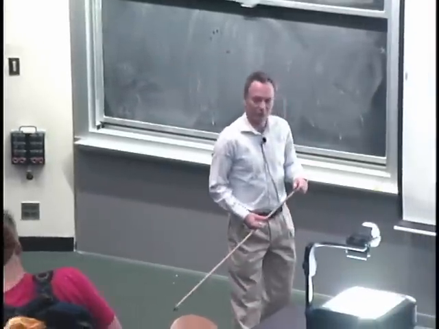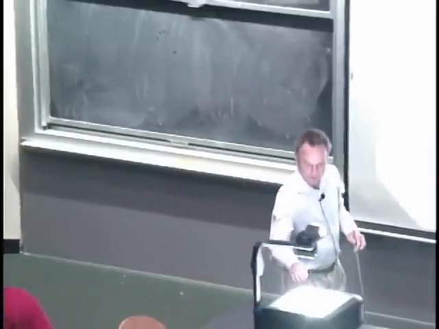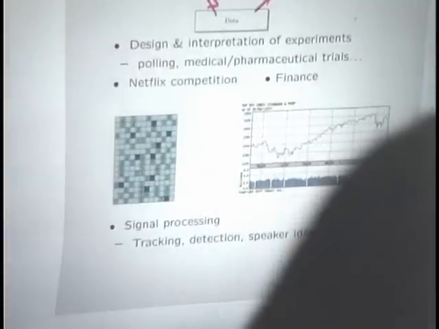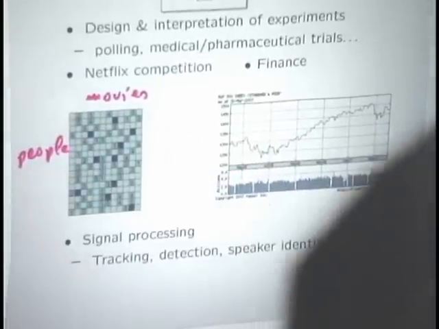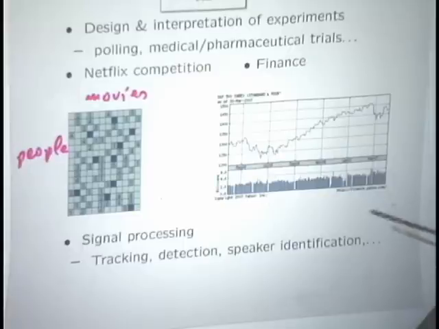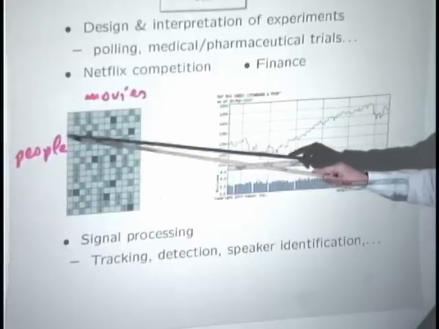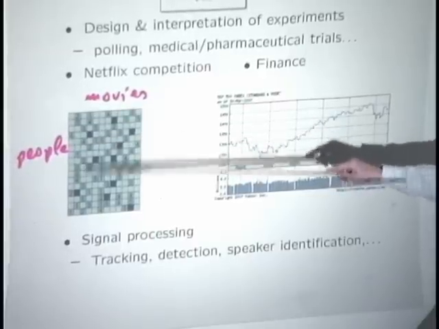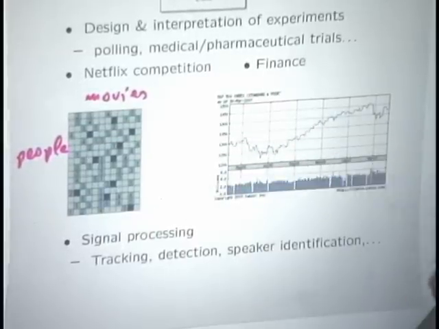Sexier, more recent topic, there is this famous Netflix competition where Netflix gives you a huge table of movies and people. And people have rated movies, but not everyone has watched all the movies in there. You have some of the ratings. For example, this person gave a 4 to that particular movie. So you get a table that's partially filled. And Netflix asks you to make recommendations to people.